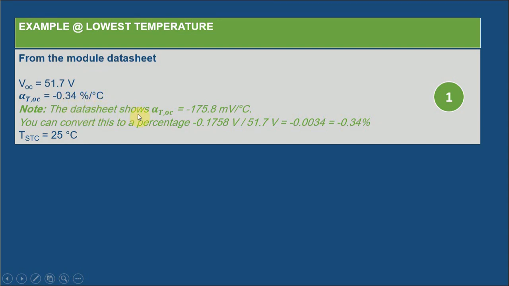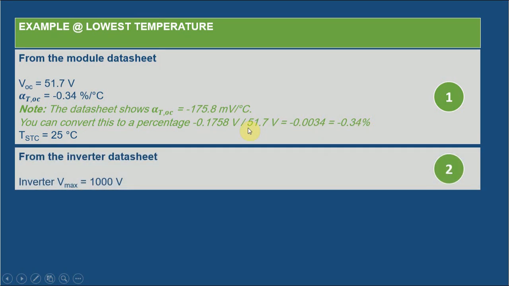In some datasheets, the temperature coefficient comes in this form: minus 175.8 millivolts per degree Celsius. We want it in percentage per degree Celsius so that we can use it in the previous equation. To convert it, we take this value and divide it by the open circuit voltage, and we get it in percentage.